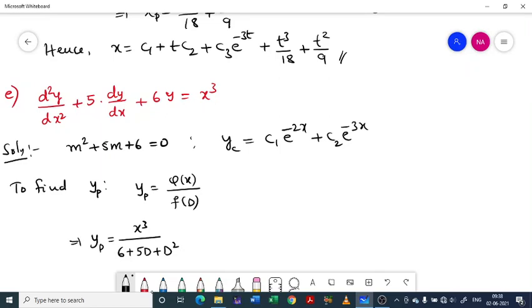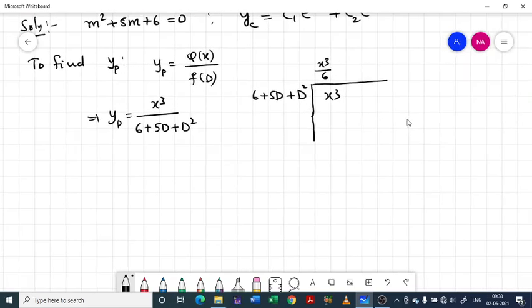Now 6 plus 5d plus d square times, okay, sorry, here x cube, what should I write here? X cube divided by 6.